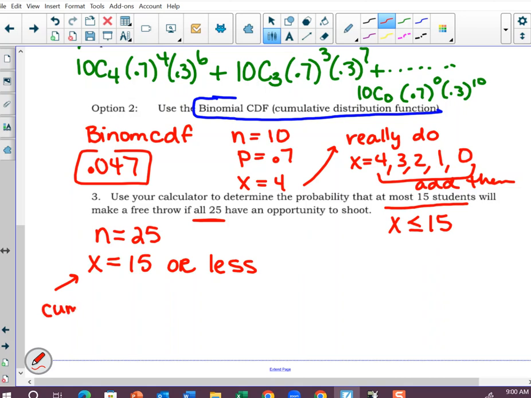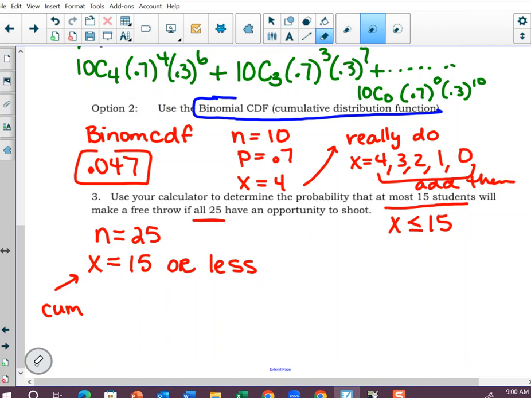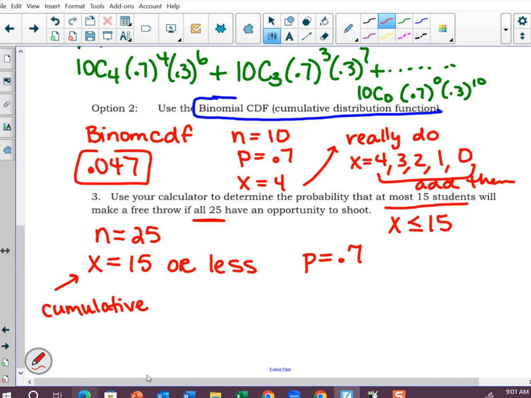This is a good one to use the cumulative shortcut, because otherwise we would have to do 15, 14, 13, 12, 11, 10, 9, 8, 7, 6, 5, 4, 3, 2, 1. We would have to do all of those and add them all together. So let's see what you come up with there.